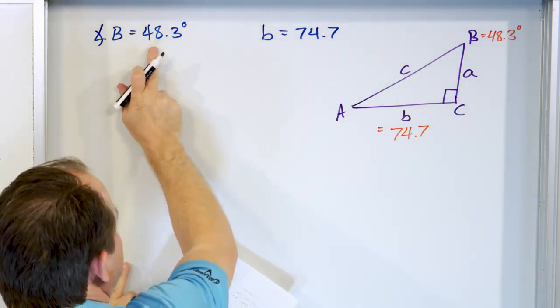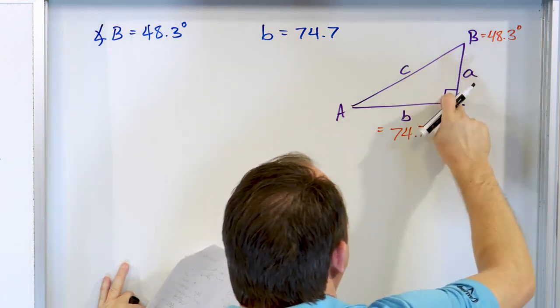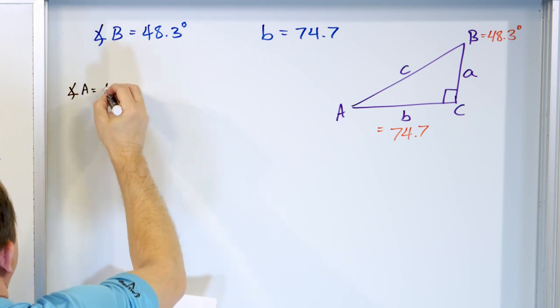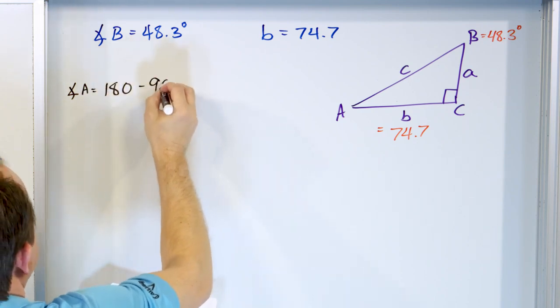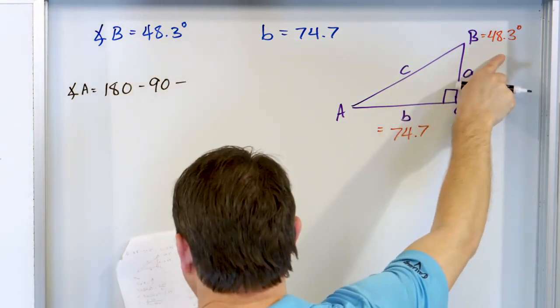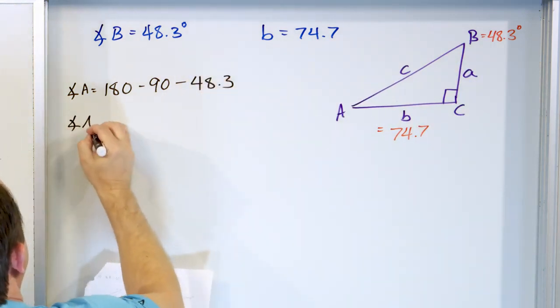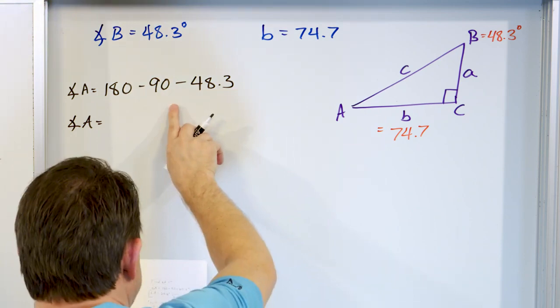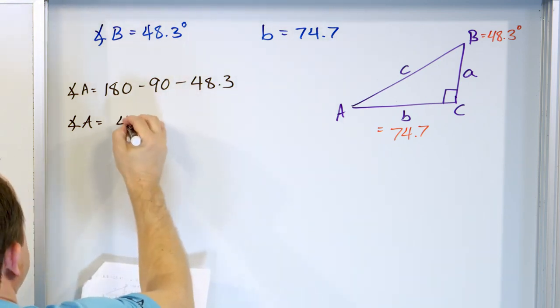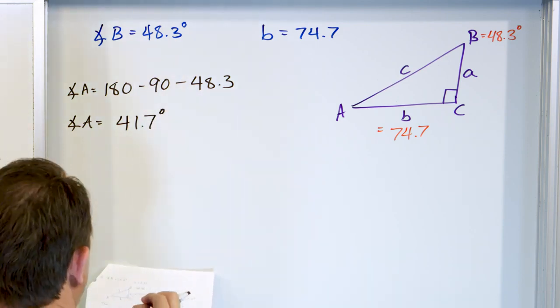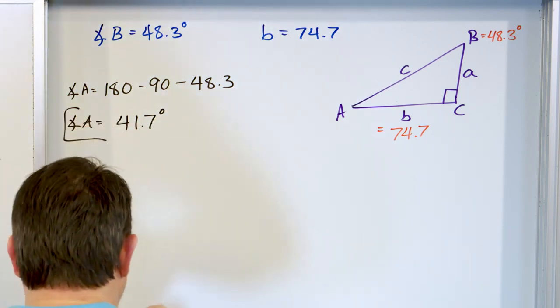I have angle B right here, and I also have angle C. So I can immediately solve for angle A. Angle A is going to equal 180 minus the 90-degree angle minus the other angle, 48.3. When you take 180 minus 90 minus 48.3, you get 41.7, sorry, this is an angle, so it's degrees. 41.7 degrees, and that's the final answer for angle A.